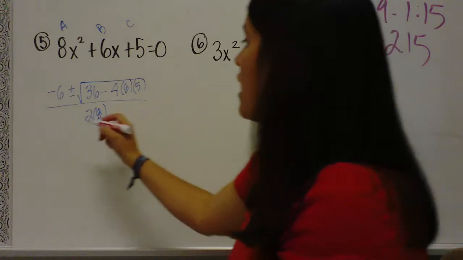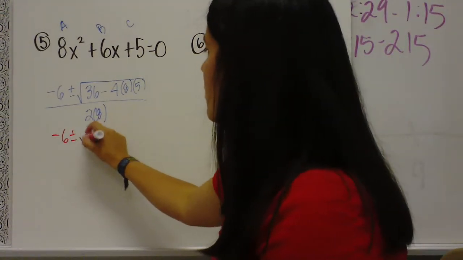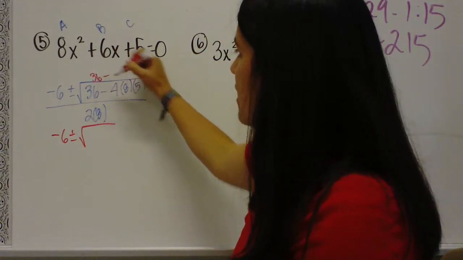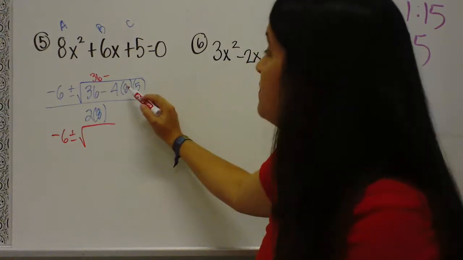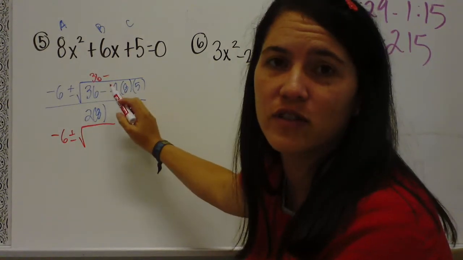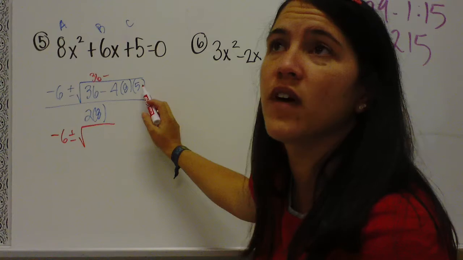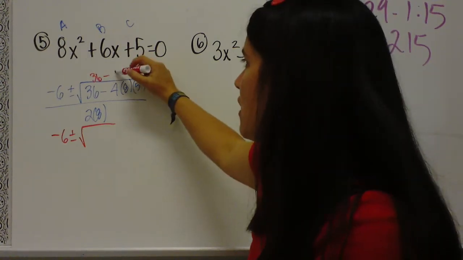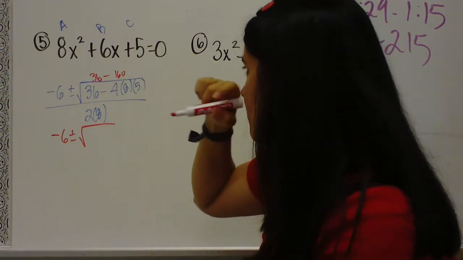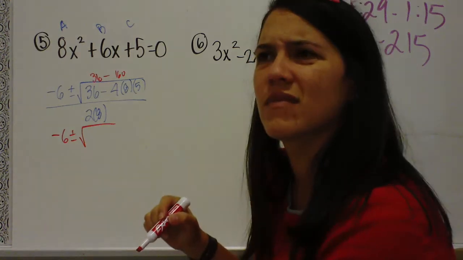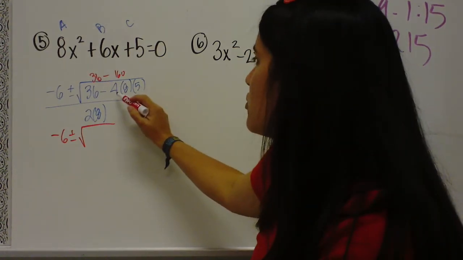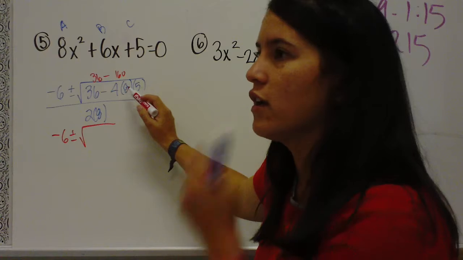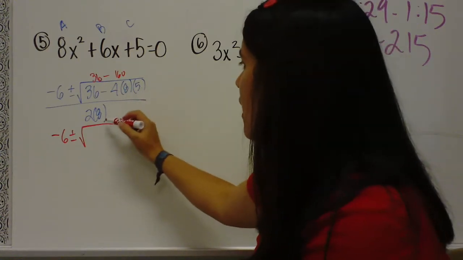I'm going to simplify. So 36 minus 4 times 8 times 5. So that would be 4 times 5 is 20 times 8. Is that 160? 5 times 4 is, wait, 5 times 8 is 40. 40 times 4 is 160.